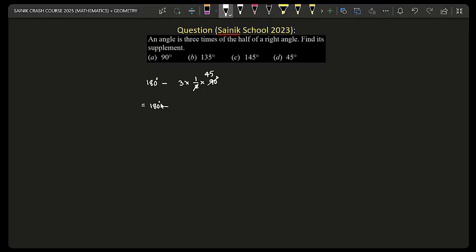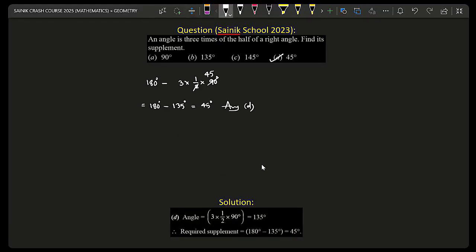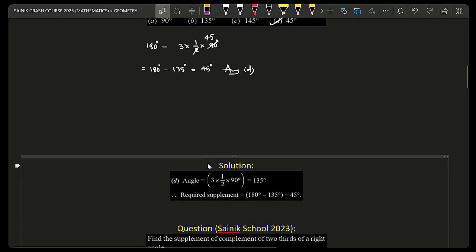Use the splitting method in your head. 45, you can split. 135. So 180 minus 135 is 45 degrees. Which option? Option D. Yes, option D is correct. Sanvi, you can mute. The angle is 135 degrees and its required supplement is 45 degrees.